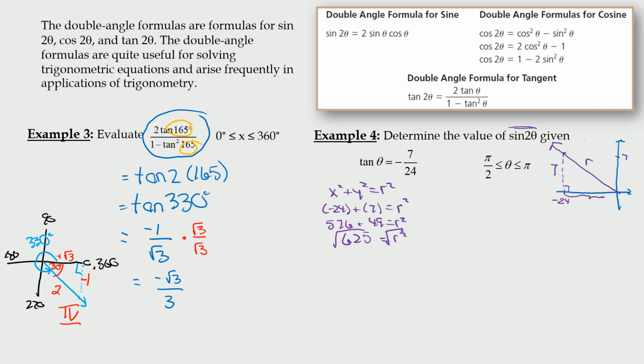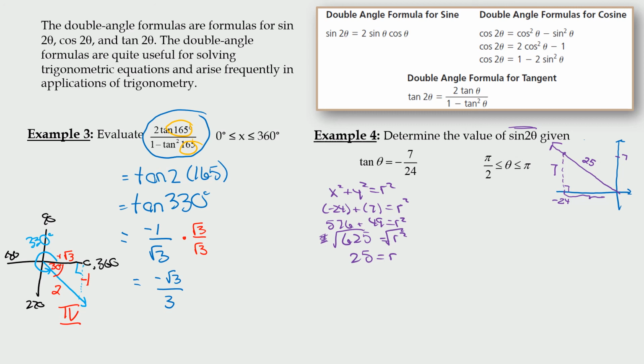And our radius or hypotenuse can only be positive, so I don't have to put a plus or minus in front because r is never negative, it's always positive. Square root of 625 is 25 equals r. So now I have a value of r. Let's put it up here, erase this r and put my 25 here.